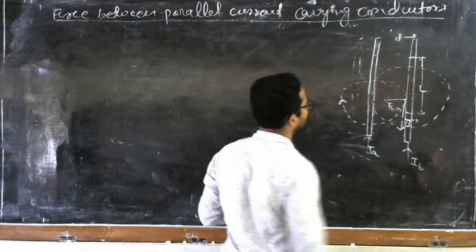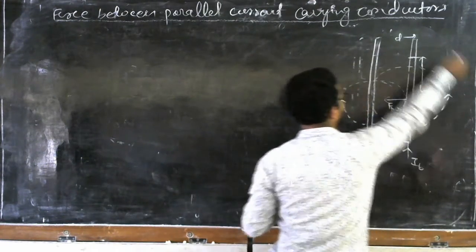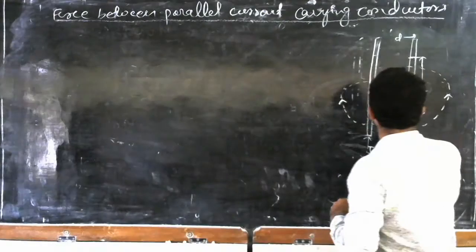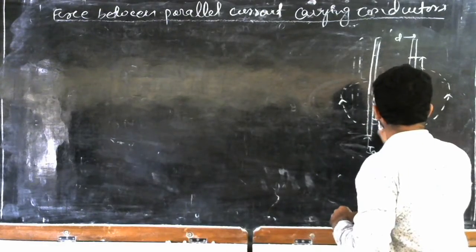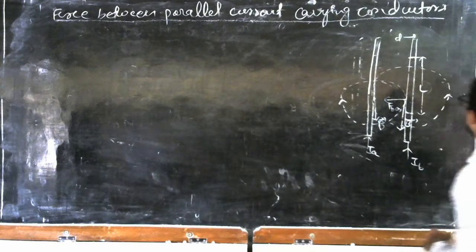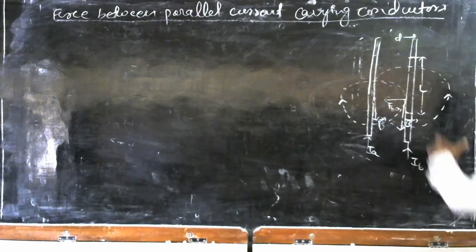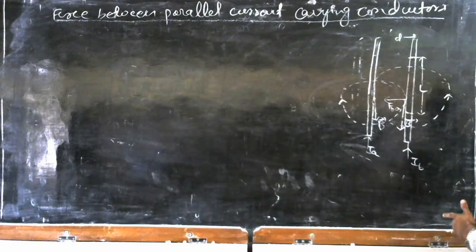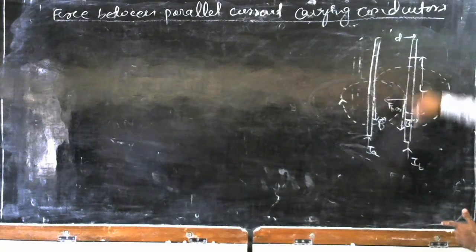See, this is the loop. So this is the direction like this. At this point, the direction of the magnetic field will be downwards. Then the current is flowing like this.